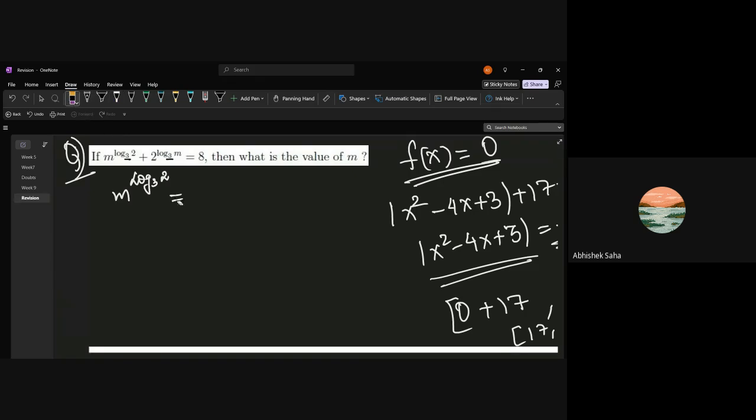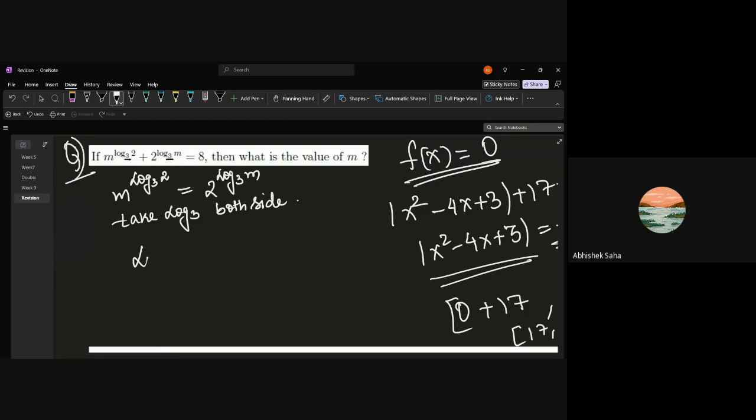Okay. Let's try to write this function in some other way. So I will tell you that these two functions are equal to log of 3m. Are you agreeing with that or not? Yes. So to prove this, take log base 3 on both sides.